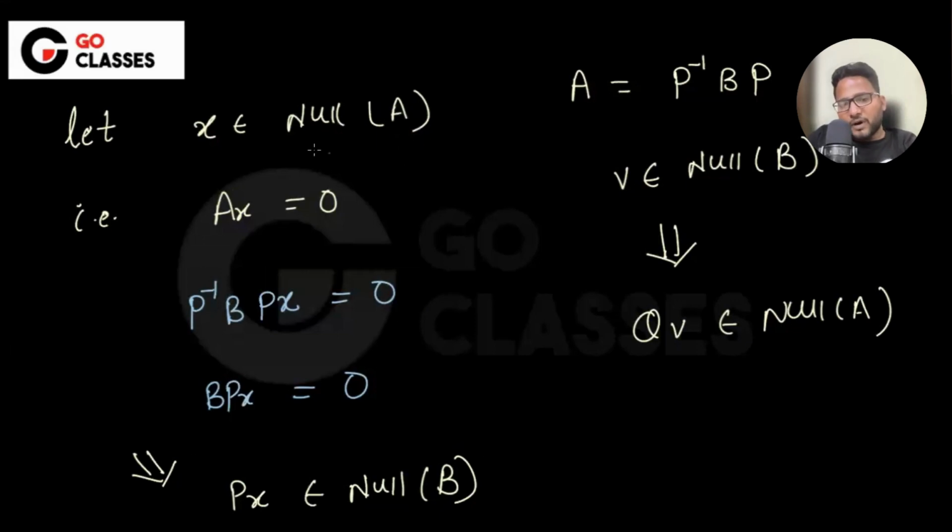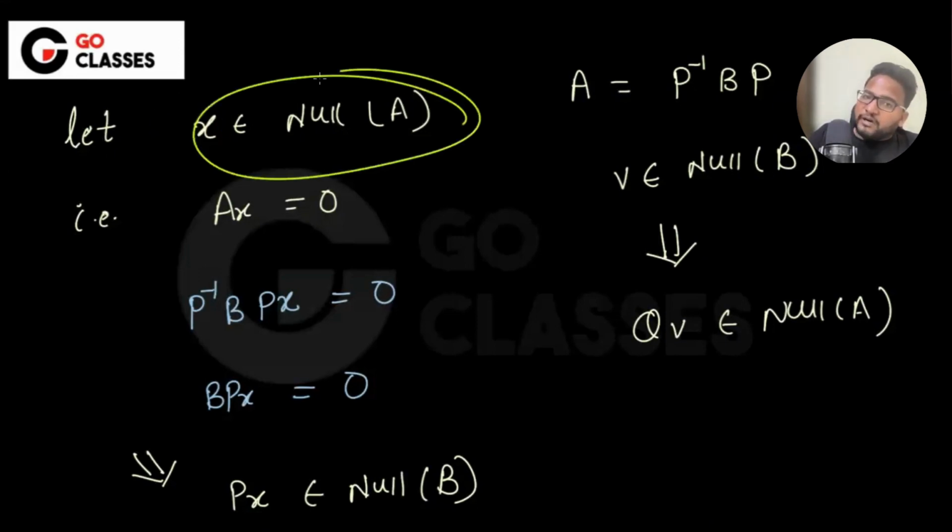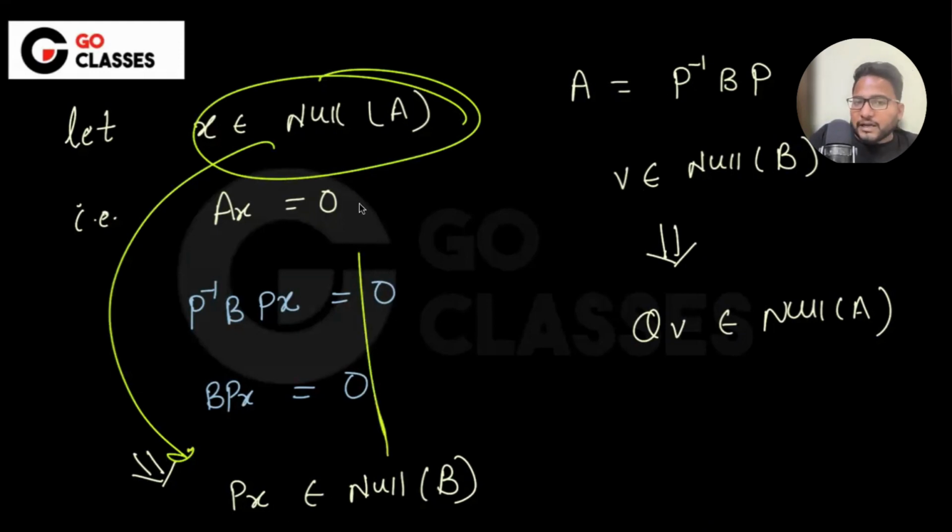If I'm taking a vector here, the corresponding vector is in the null space of B. Similarly, for a vector there, the corresponding vector is in the null space of A, which means these vectors are linearly independent if x are linearly independent. So if there are three vectors here, there are at least three here, and for every vector here there is also a vector there.